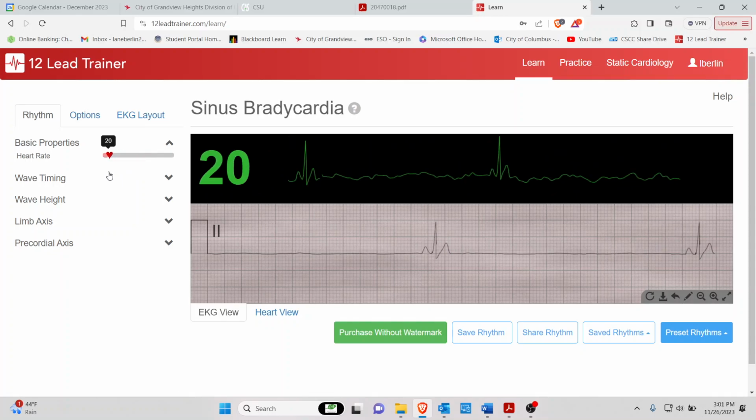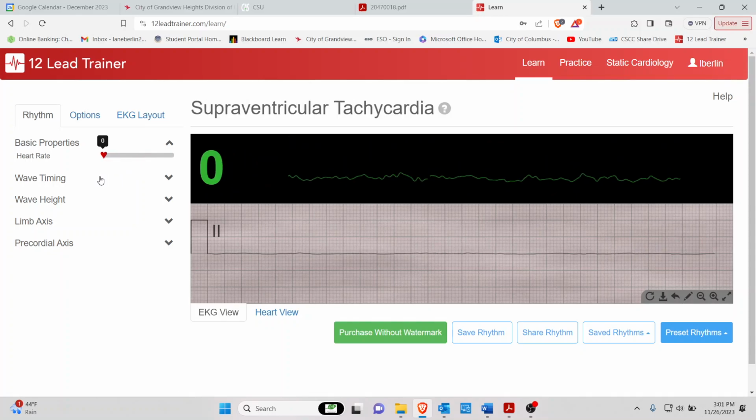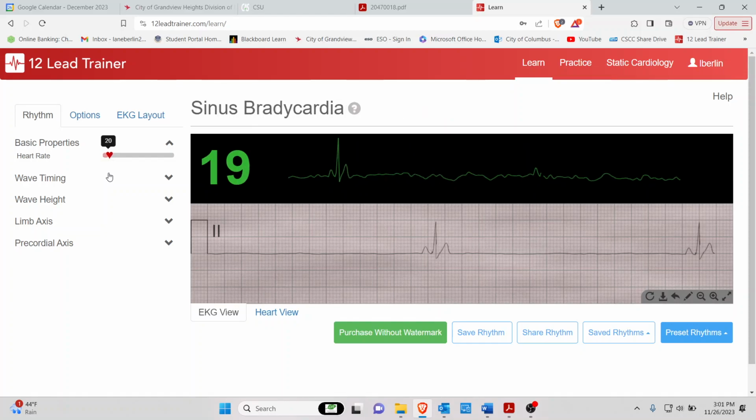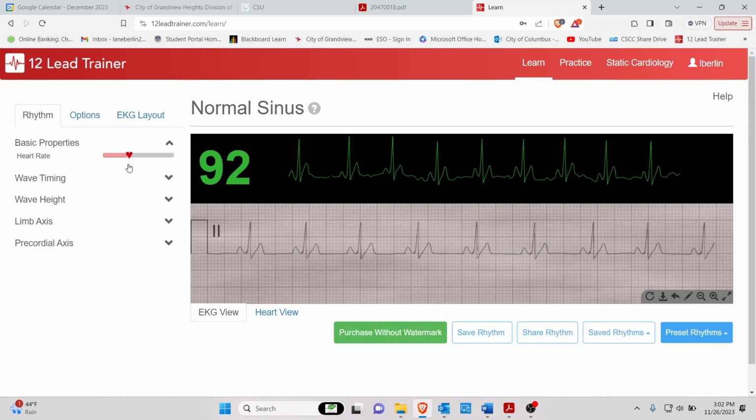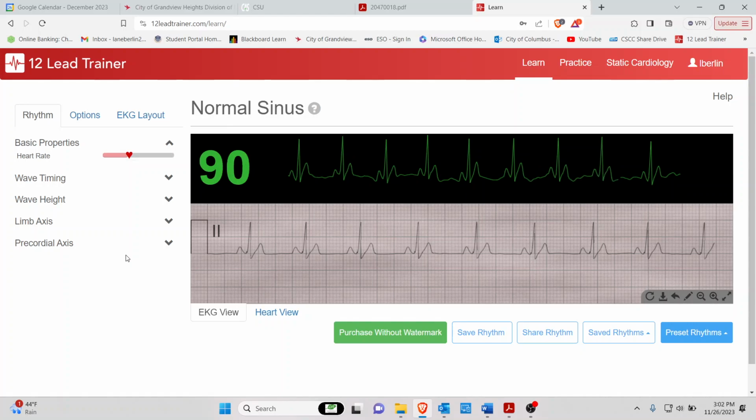It may even be a flat line or just a very, very bradycardic rhythm like this. And then ideally, you'd see it convert at that point in time. So you would convert that SVT into whatever the underlying rhythm was.